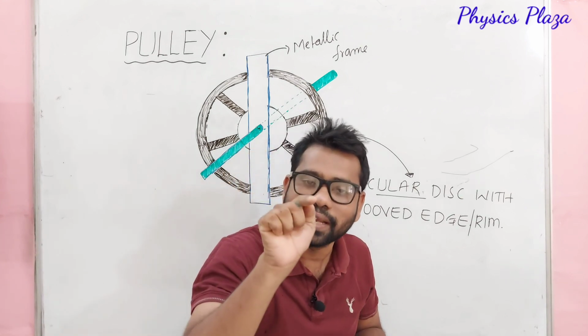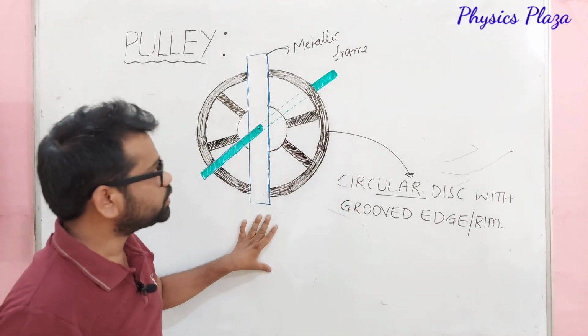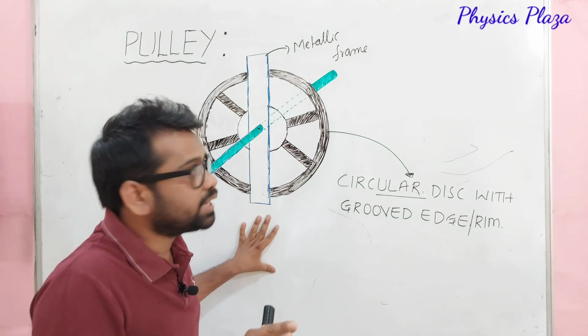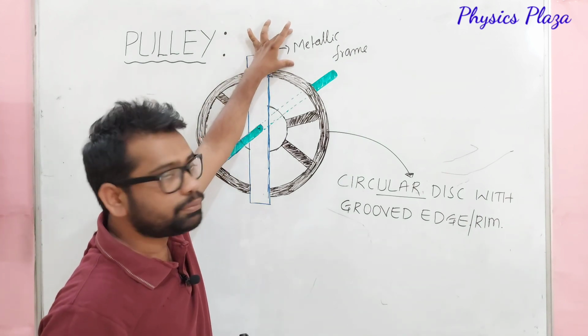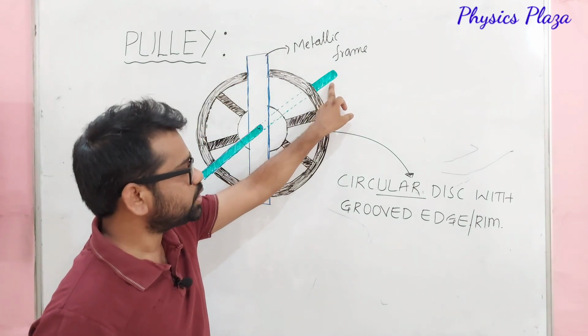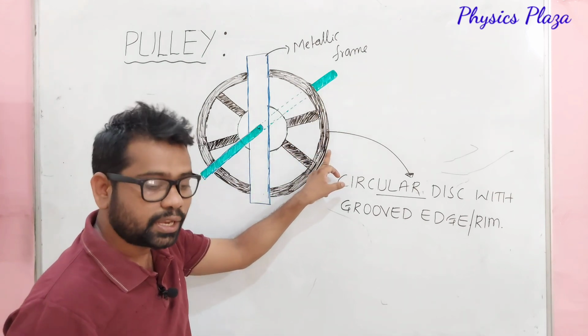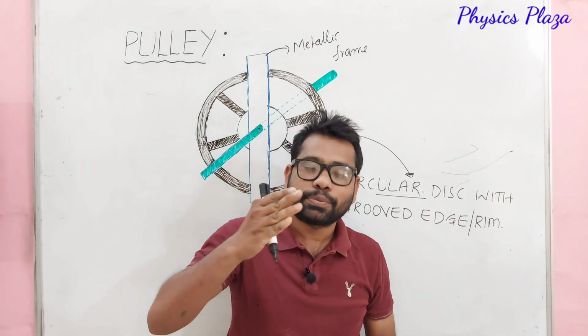So children, look here: there are three parts, one is the metallic frame, another is the axis of rotation, and the third is the circular disc. Now we will see what the types of pulley are.